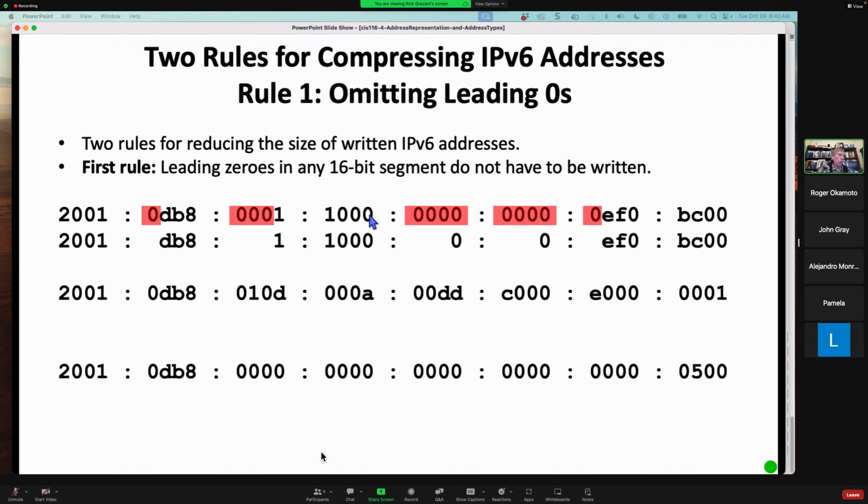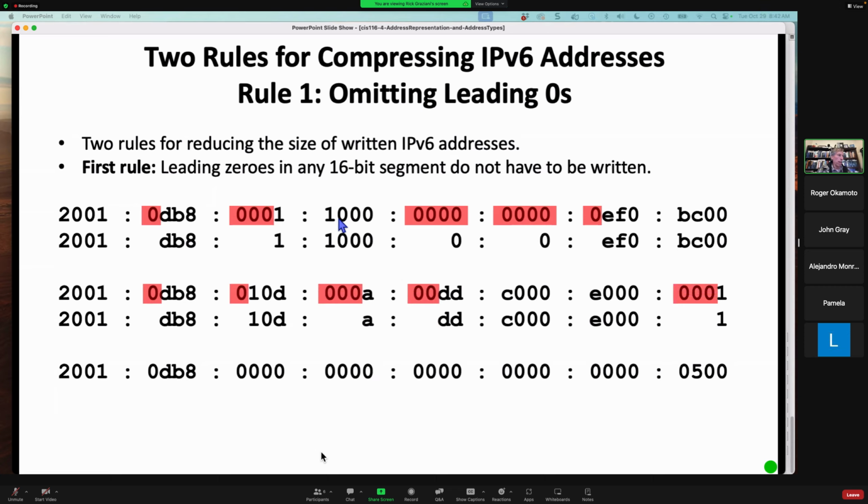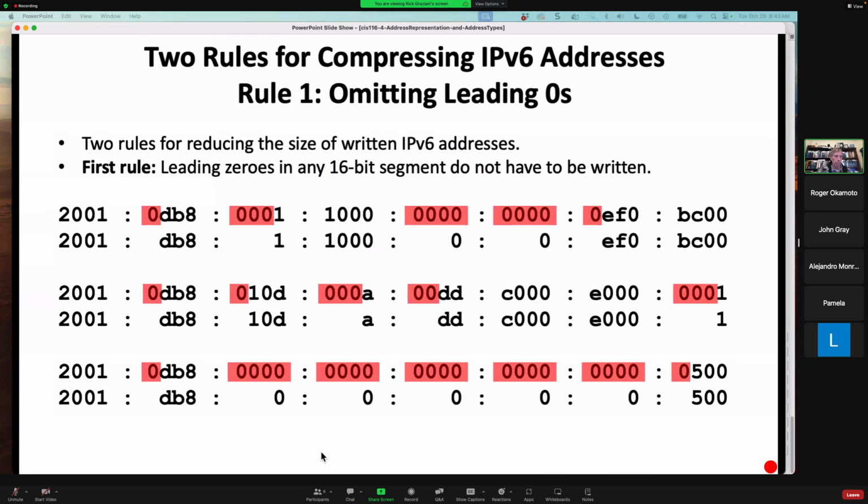Notice trailing zeros, no, can't remove those. We'll talk more about why that's the case in a moment. Same thing here. Leading zeros, we can omit. Now, I'm leaving spaces here so you can see where I omitted the zeros. Here, same thing. Leading zeros only.